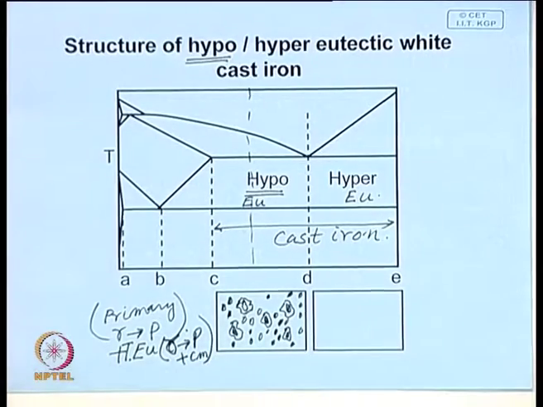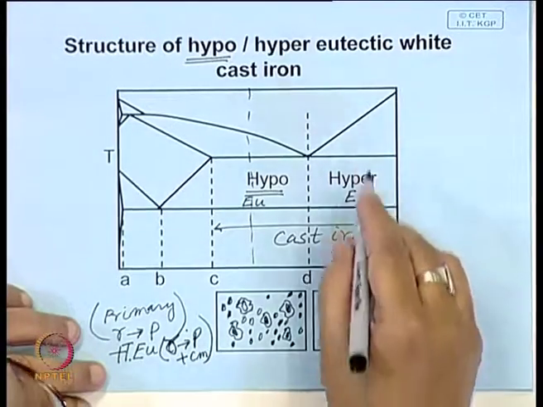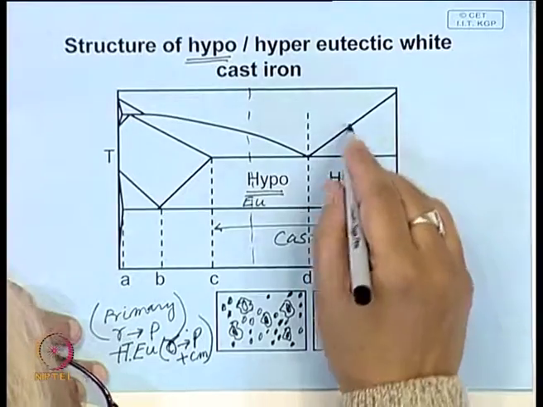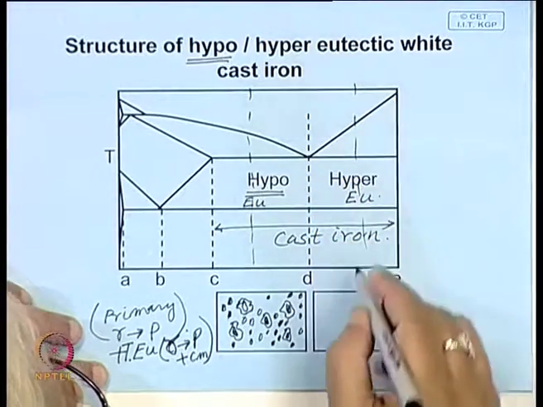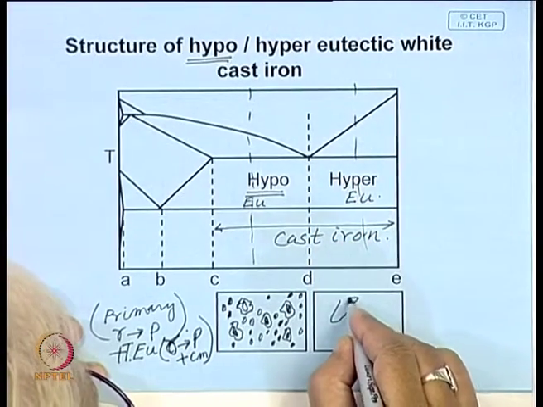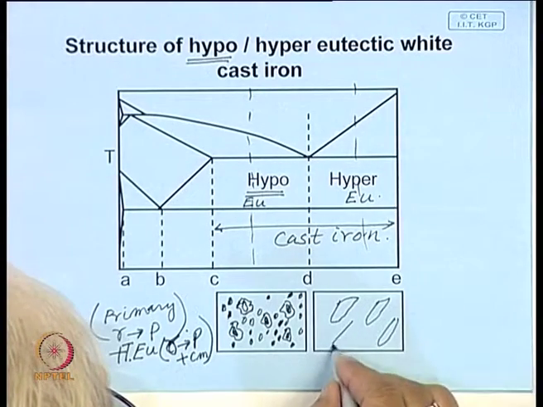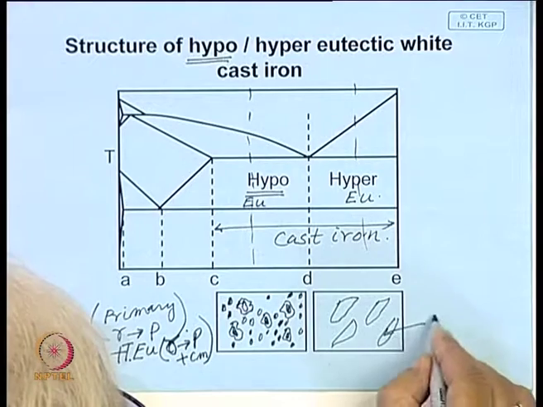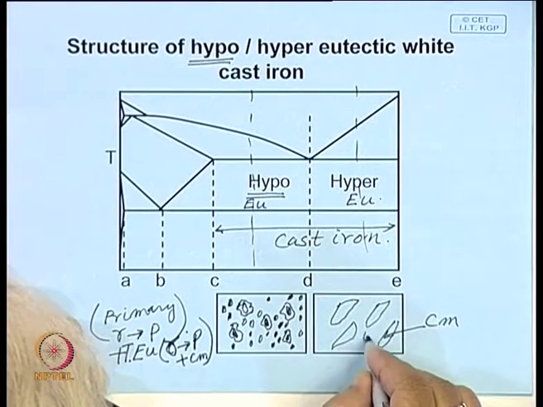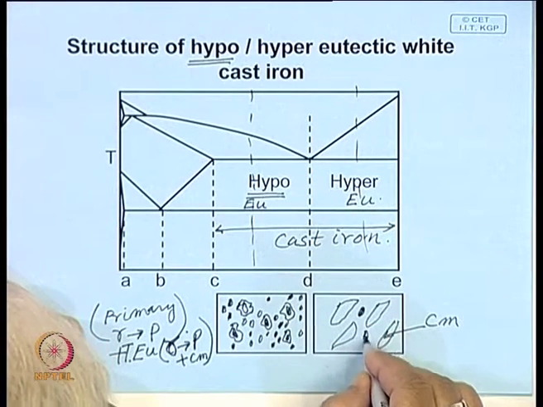So, morphology wise it will be a little different. Here also it will be exactly similar, and in the same way you can draw the microstructure. Here you will have primary cementite, and this area will be the transformed eutectic.